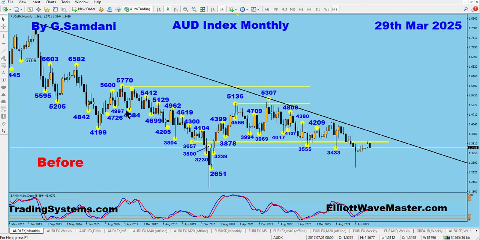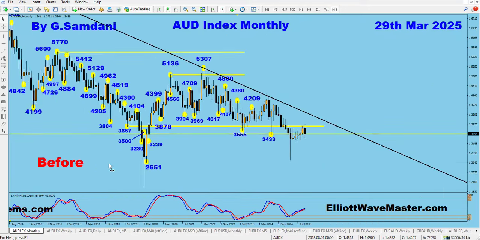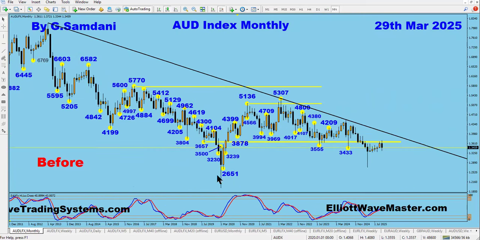Monthly chart, we can say that after a big move to the downside, we are going to the upside, and then this could be like ABC and then A, B, and C. And now we're probably going to go to the upside. But going to the upside means Aussie is going to get strong. But right now it is getting weaker. So maybe it is not the right time to get strong. But it's shaky, right?